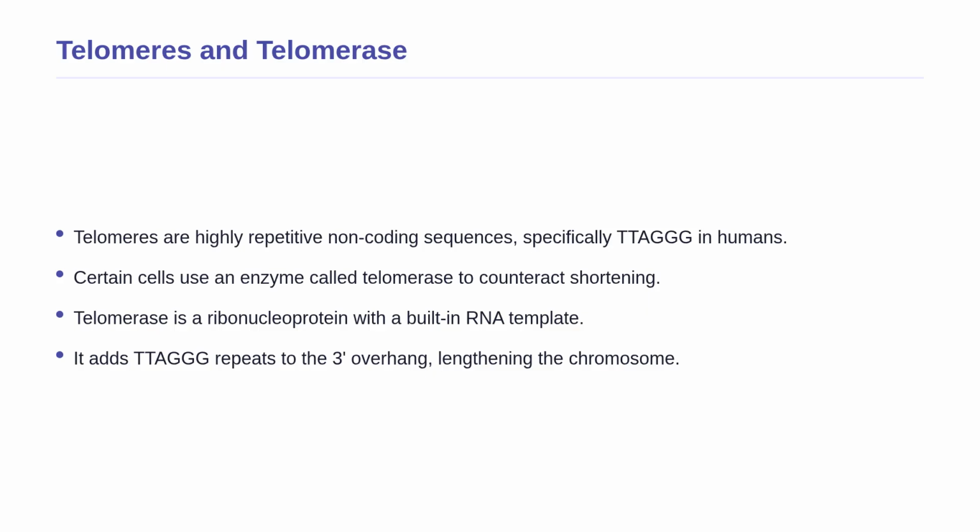Telomerase is a unique ribonucleoprotein, meaning it contains both its own built-in RNA template and a catalytic subunit. It binds to the 3' overhang of the chromosome and adds these repetitive sequences back onto the DNA, providing a new platform for replication.